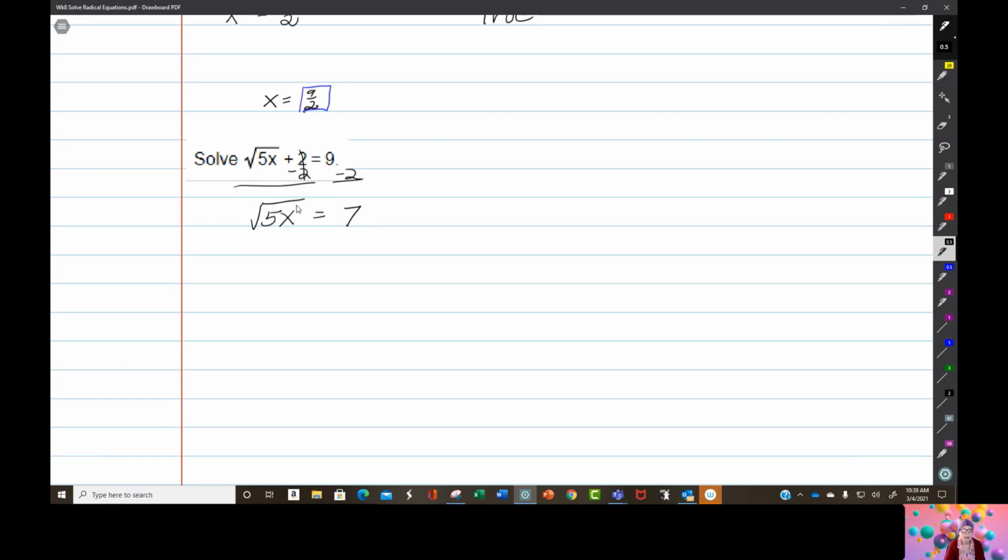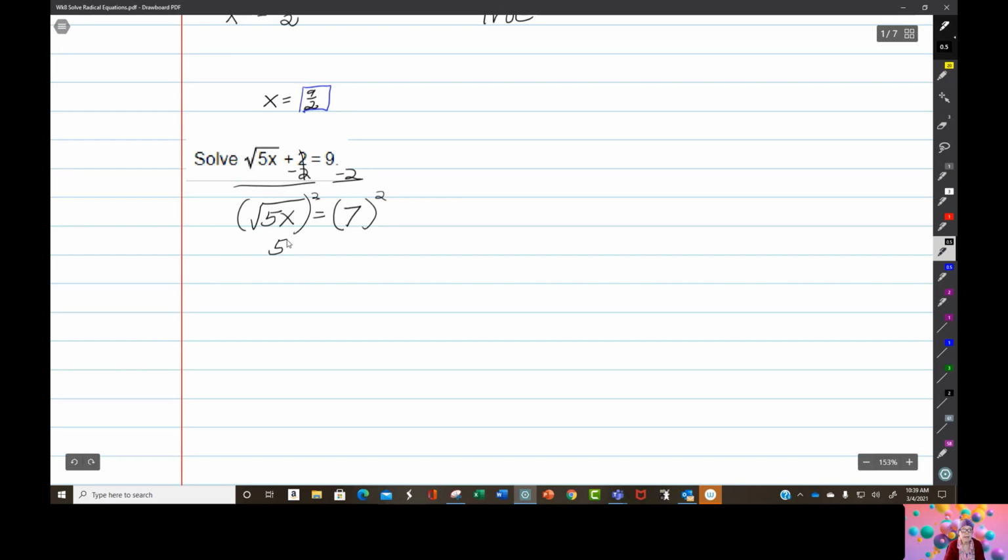Now we have a radical expression equals a number. So we're going to square both sides in order to blow up the jail. Kaboom, and there you go.